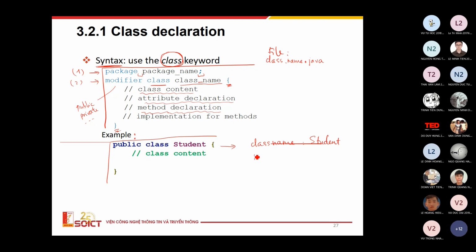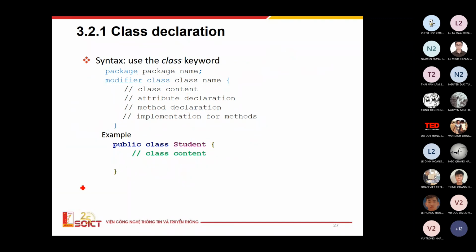Student. And the modifier or access scope is public. And inside the braces here, you will have the class content. So remember this syntax when you declare a class: modifier is before, and then the keyword class and then your class name.